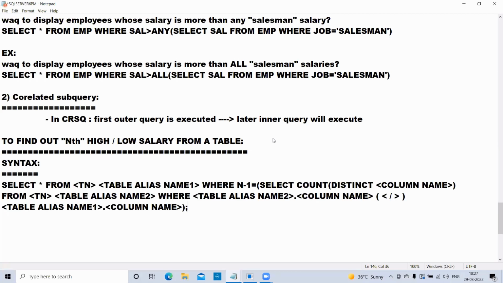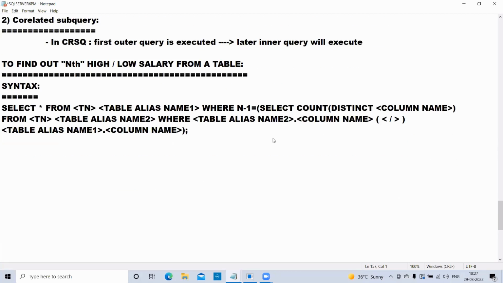And finally close. So this is a correlated subquery.